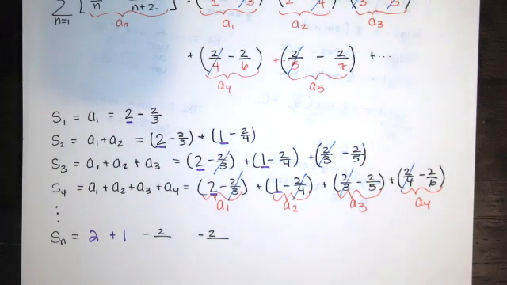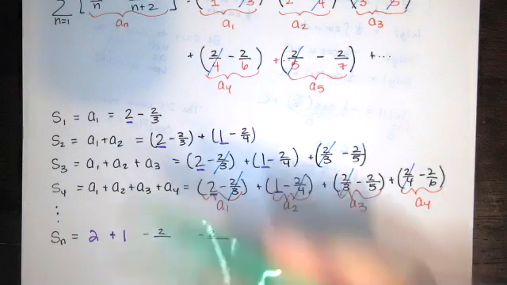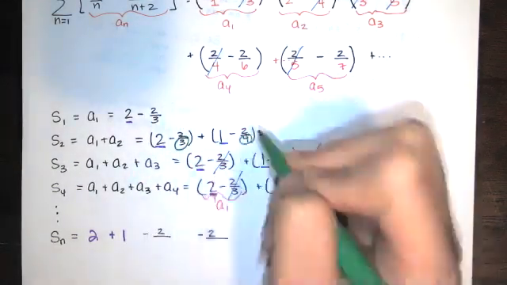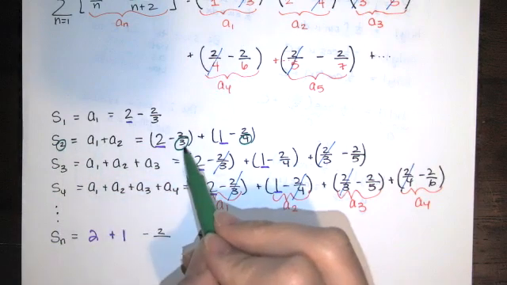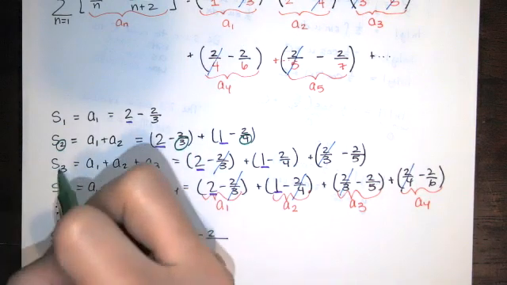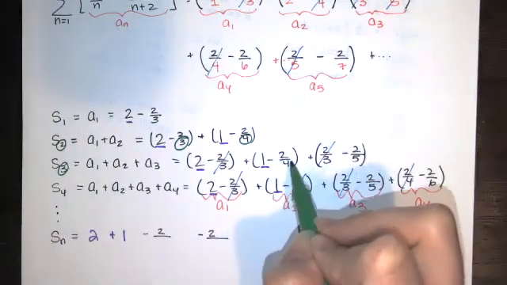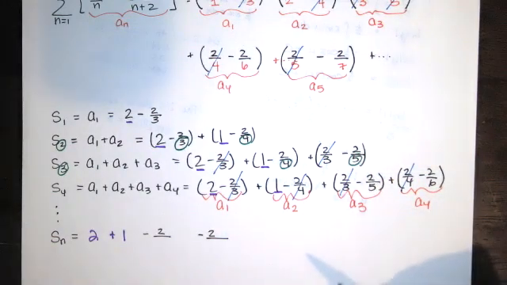So let's look at the pattern. Let's look for a relationship between these denominators and this subscript over here. When this is a 2, this denominator is a 3 and that one's a 4. When this is a 3, this denominator is a 4 and that denominator is a 5. When this is a 4, this denominator is a 5 and that one is a 6.